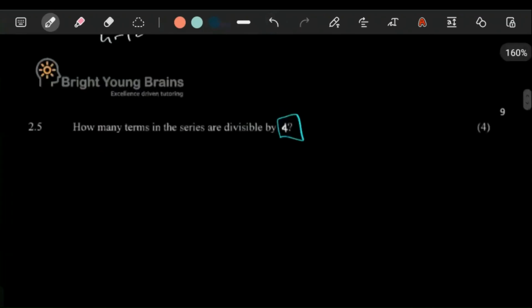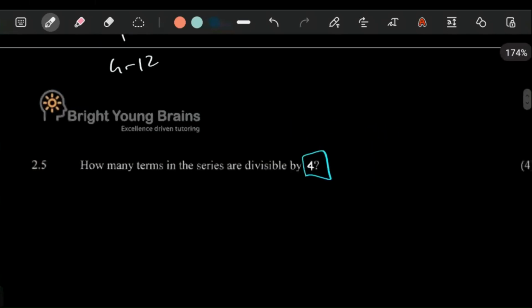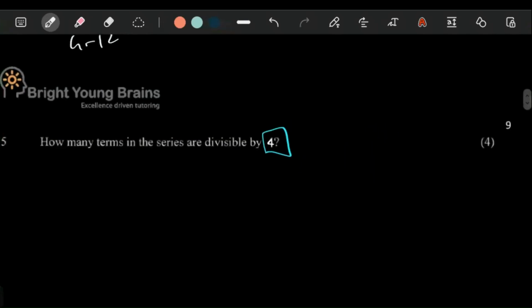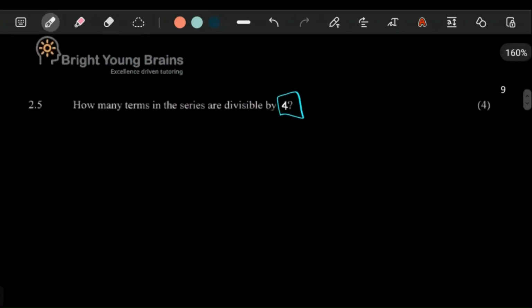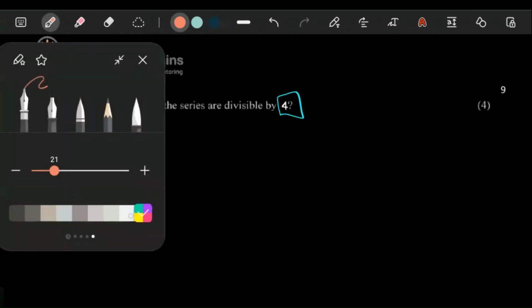But anyways, this question is asking how many terms are divisible by 4. With this kind of question, the one thing I always say is write out your sequence up to quite a few terms, maybe 10, 11, or 12, so that you can visually see what you're dealing with.